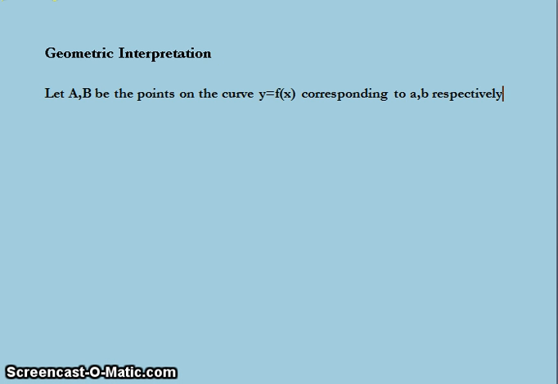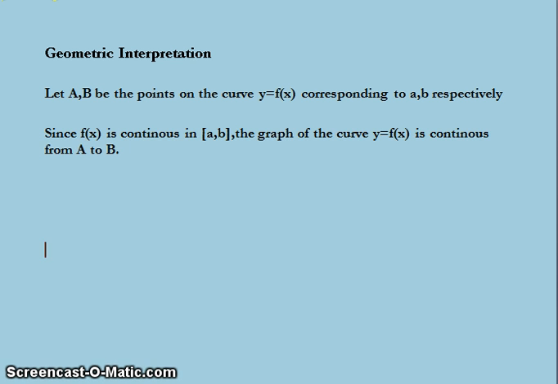For this, let A and B be the points on the curve y equal to f(x) corresponding to real numbers a and b respectively. Since f(x) is continuous in interval [a, b], the graph of the curve y equal to f(x) is continuous from a to b.